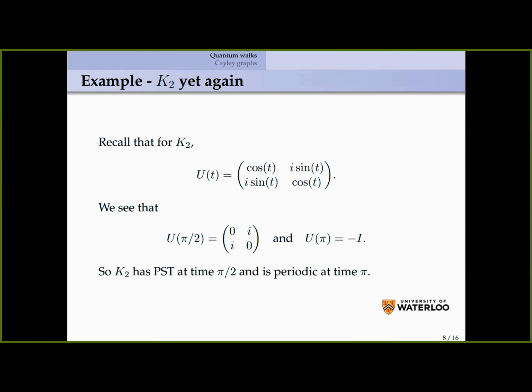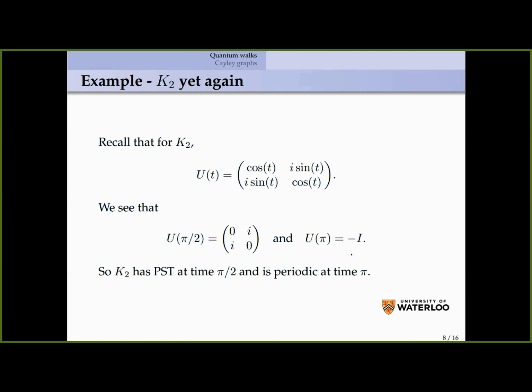So two things that we notice here: in this first matrix we have PST from vertex u to vertex v, and also from vertex v to vertex u. Is that a coincidence? And then we double this time of PST, and we get periodicity.